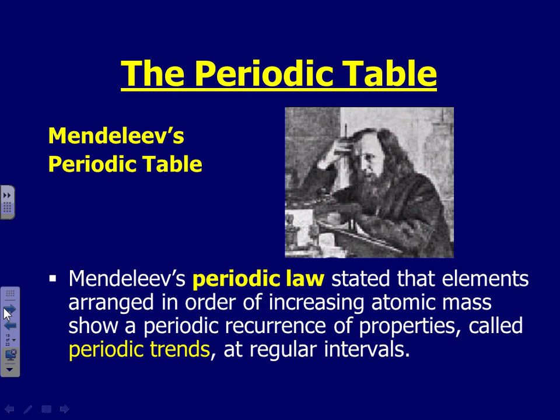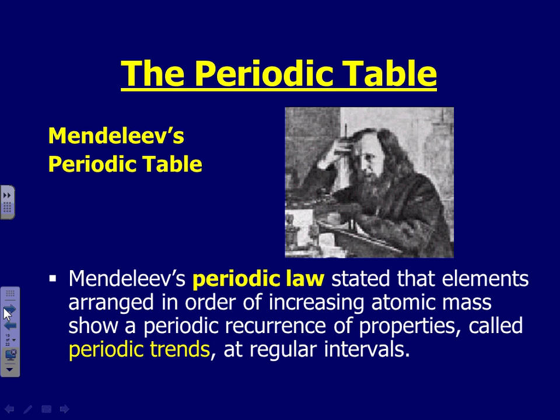At the time of this, there might have been 60 elements, maybe less, maybe about 60. And he was working his way along, and he got to the space where gallium should have gone. But gallium hadn't been discovered. So germanium was going to be the next card to be put down. But he realized germanium's properties were so much more like silicon than aluminum that he couldn't put it there.